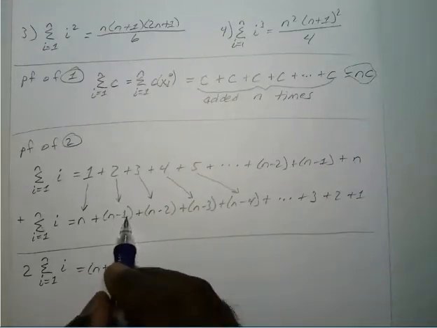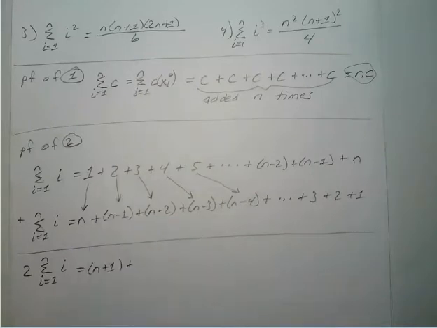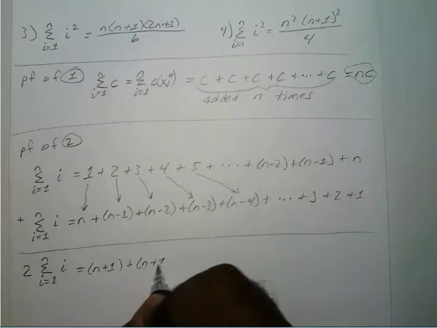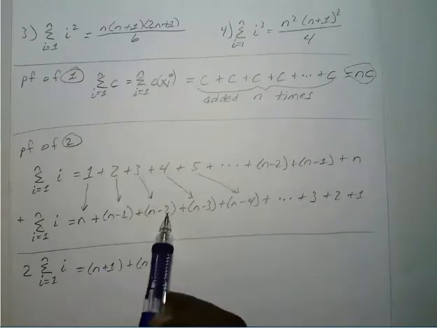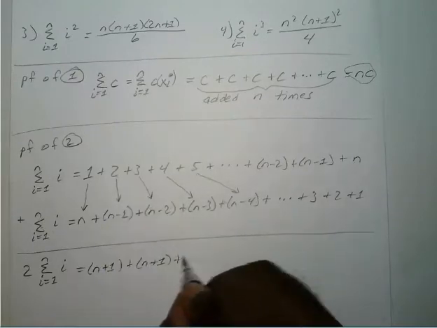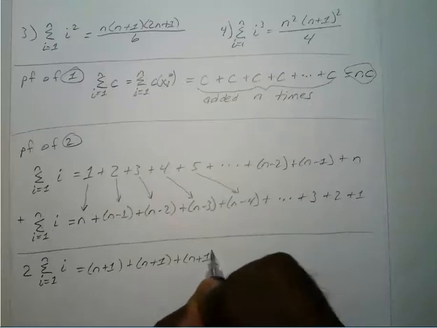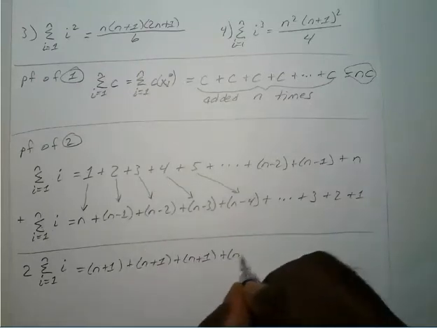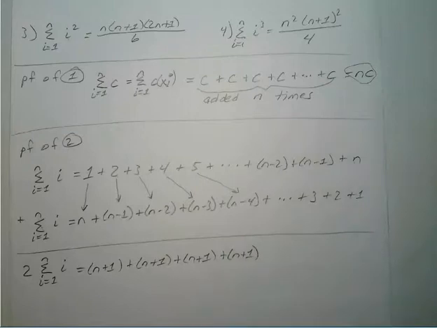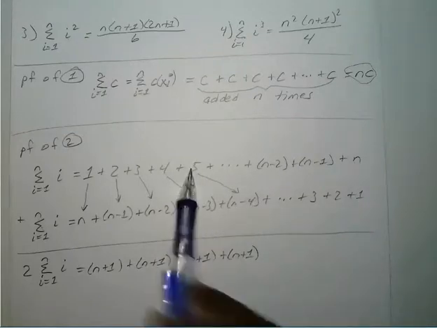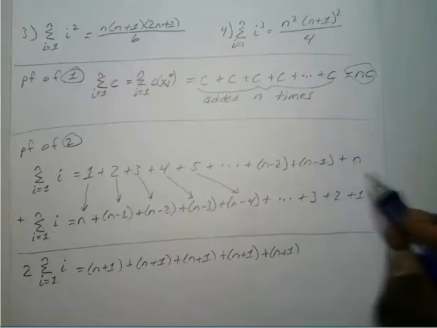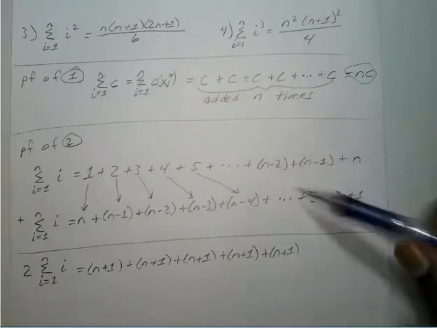Plus n minus 1 plus 2 would just be n plus 1. You have n minus 2 plus 3 would just be n plus 1. N minus 3 plus 4 is just going to be n plus 1. N minus 4 plus 5 is just going to be n plus 1. And that's going to keep on going and going and going.